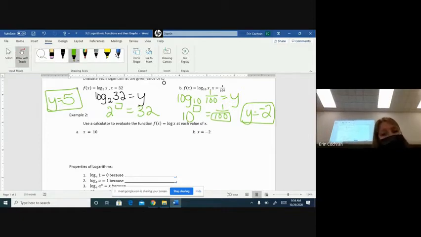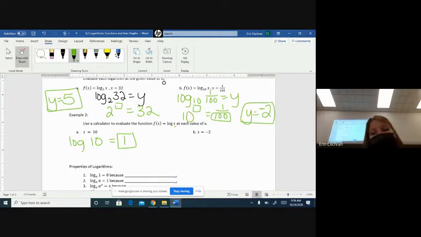So we're looking at log of x. And what's my x in A? 10, right? In your calculator, type log 10. What do we get? 1, which should make sense because what's my base? 10. So 10 to what power would get me back to 10? 1, right?